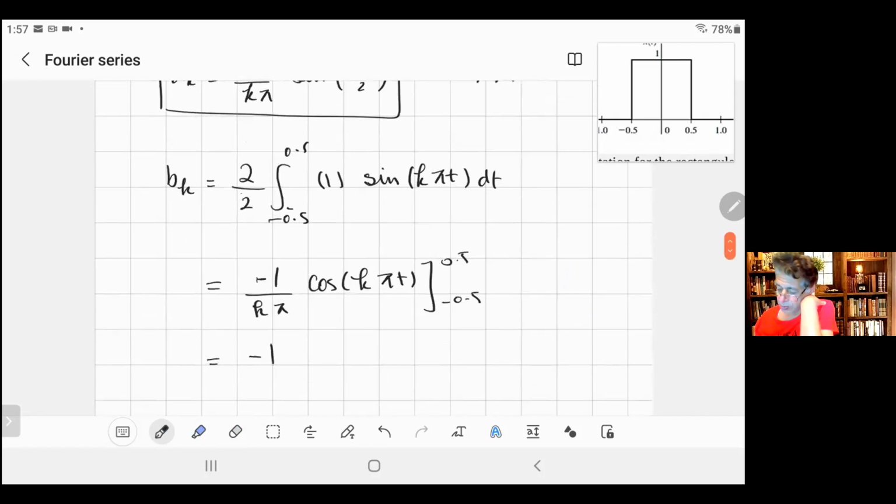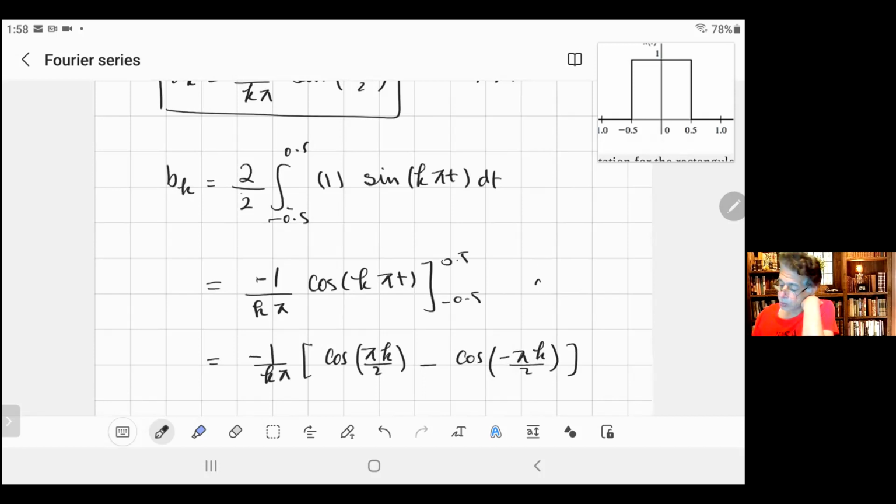So you have minus 1 over k pi. You substitute by half: cosine pi k over 2 minus cosine minus pi k over 2.